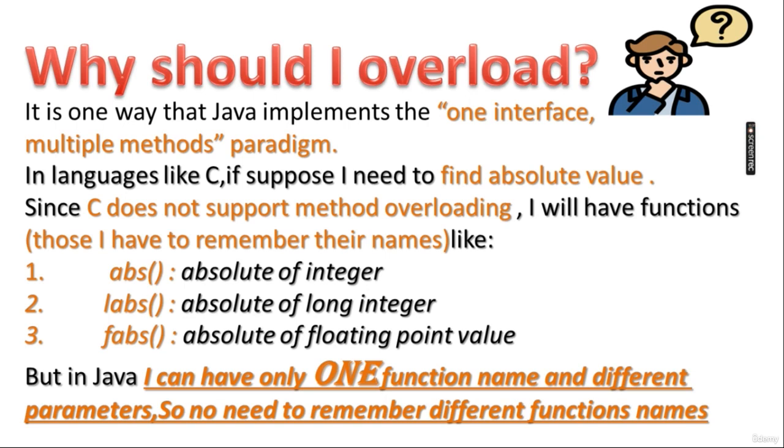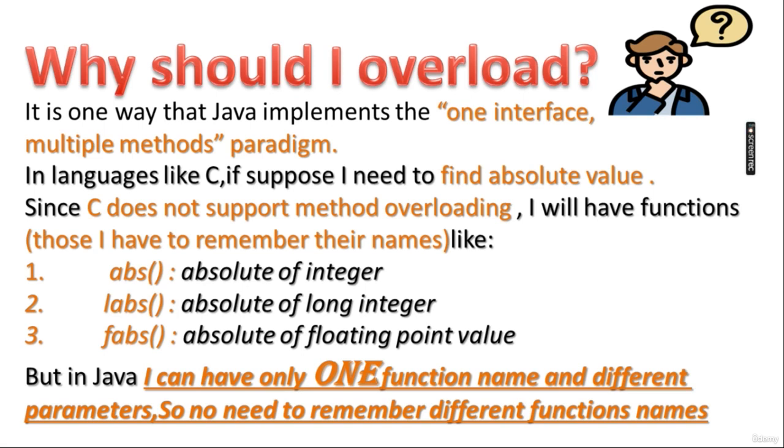Since C does not support method overloading, I will have different functions, and for every function I need to remember its name, whose core functionality is the same, only the data type definition is different. So what I will do: abs for integer, labs for long integer, fabs for floating point value.